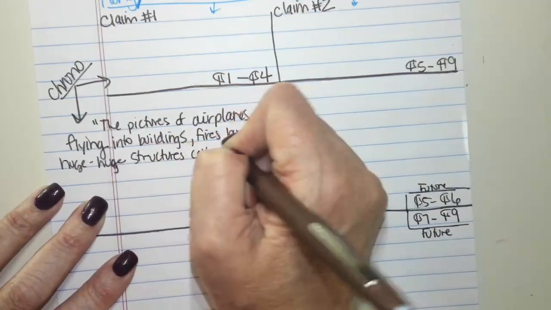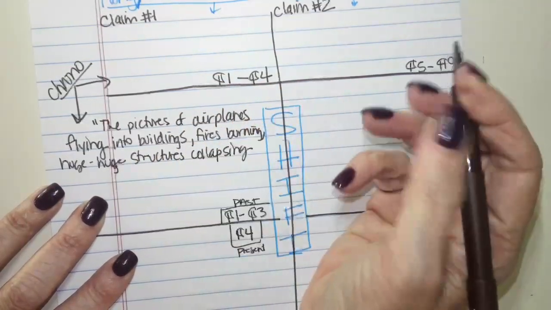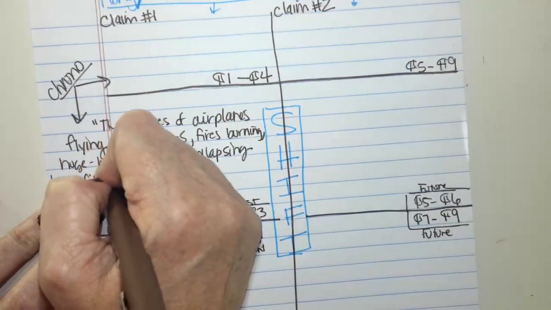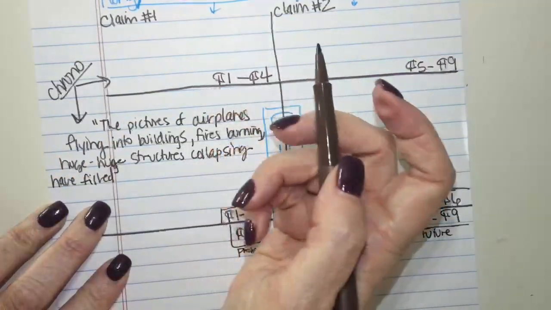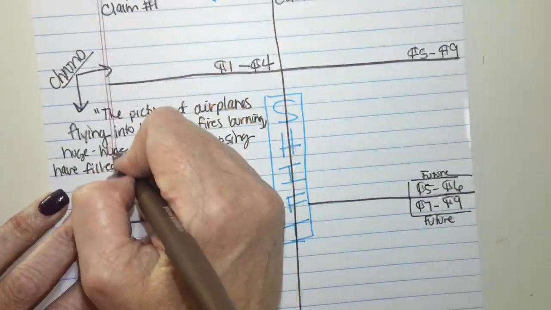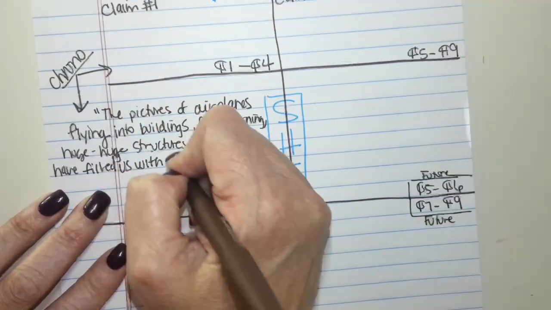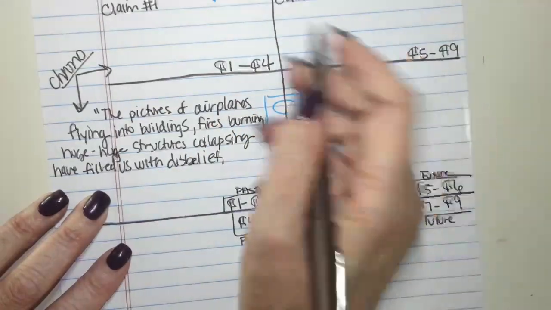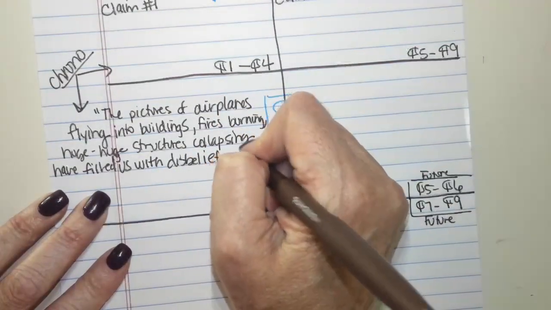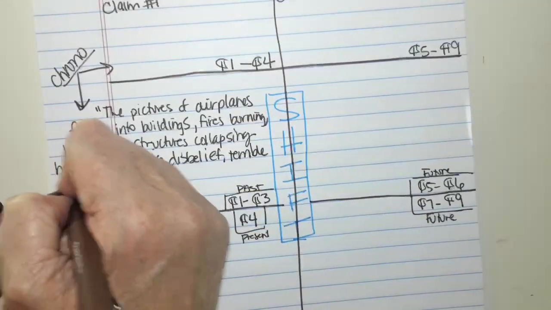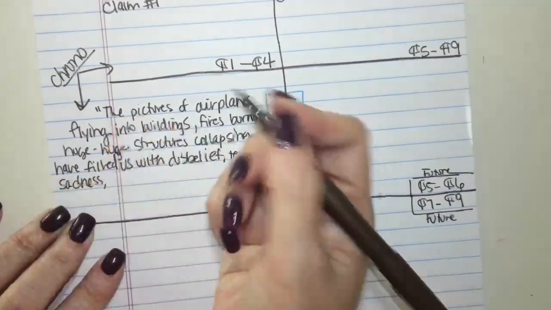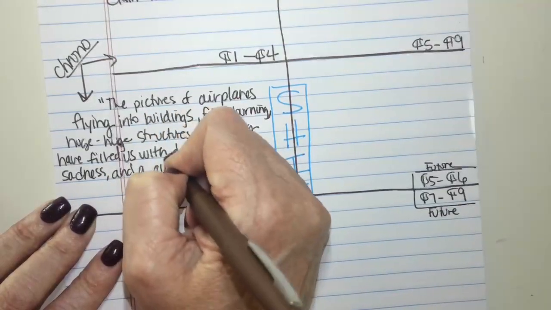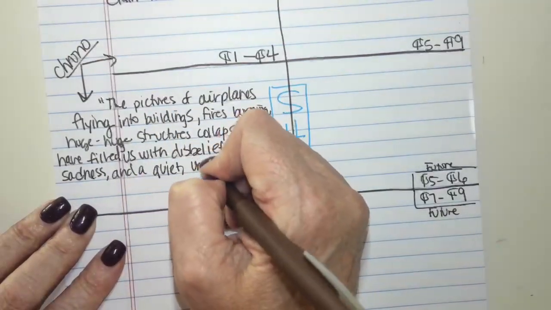And I'm actually going to add the last part of it because I also kind of like that, and I think it gives us a lot to analyze. Have filled us with disbelief, terrible sadness, and the quiet and yielding anger.